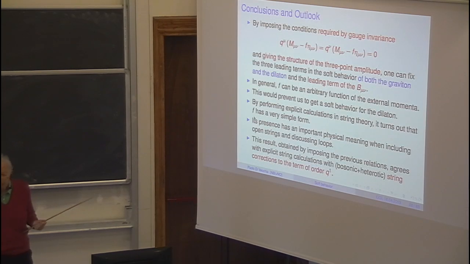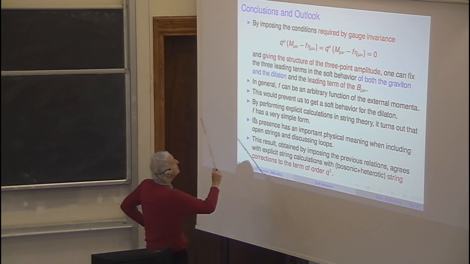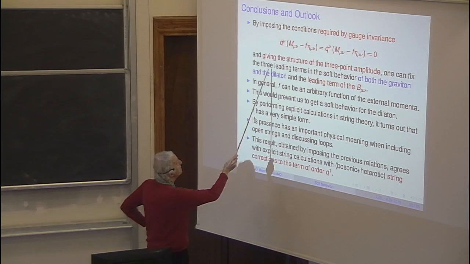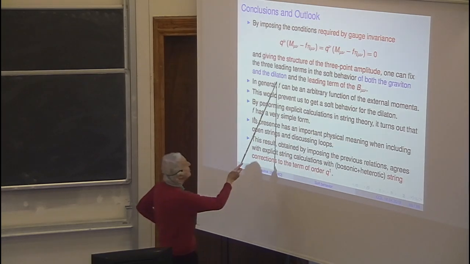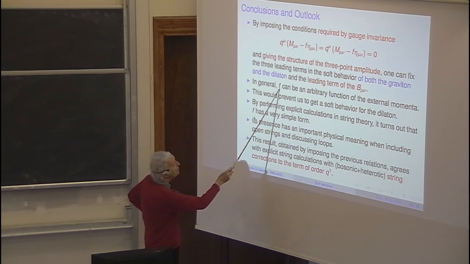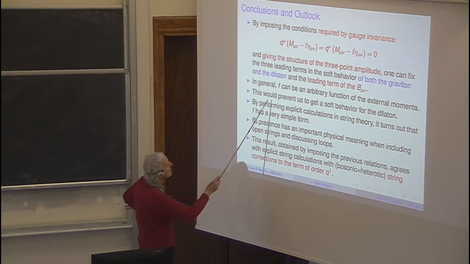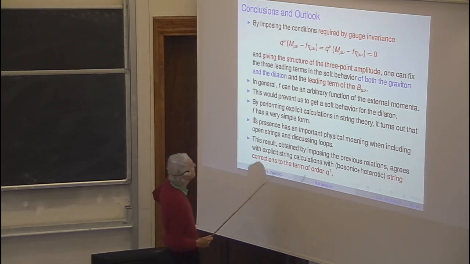Okay, let me come to the conclusion. So if you impose those conditions which are required by gauge invariance, and given the structure of a 3-point function, you can fix the 3 leading terms of the soft behavior of both the graviton and dilaton and the leading term of B mu nu. In general, f can be an arbitrary function, and if f is arbitrary, this will prevent getting a soft behavior for the dilaton.